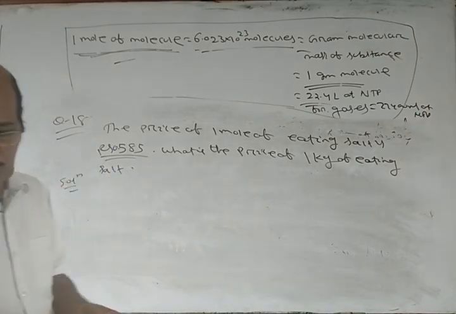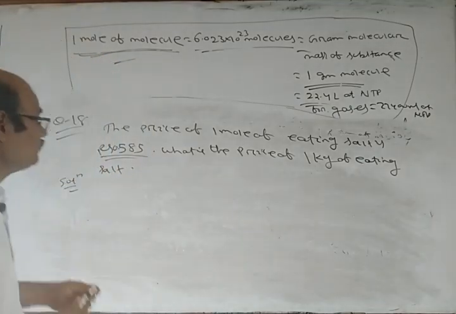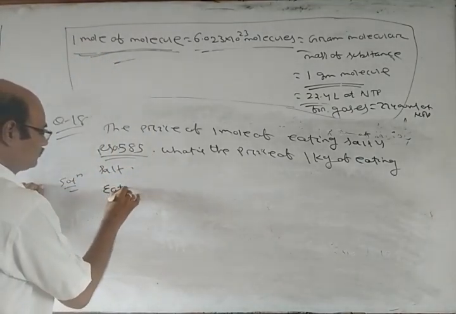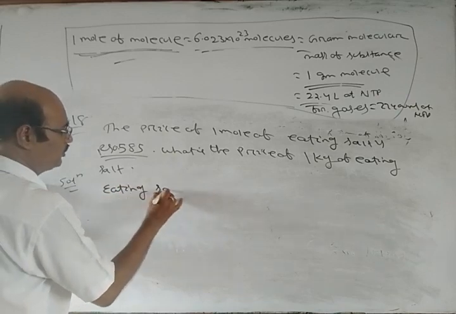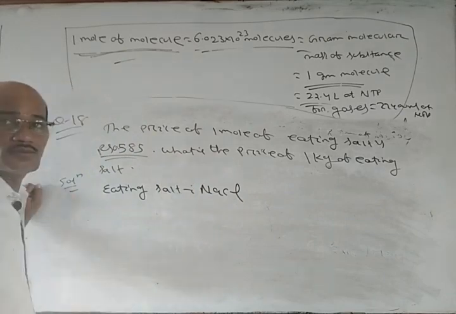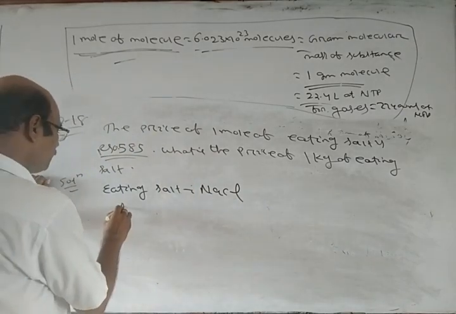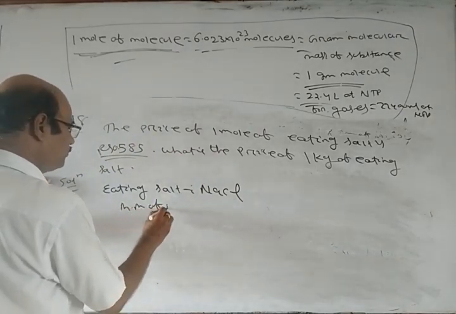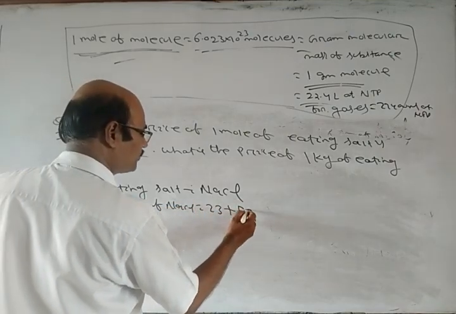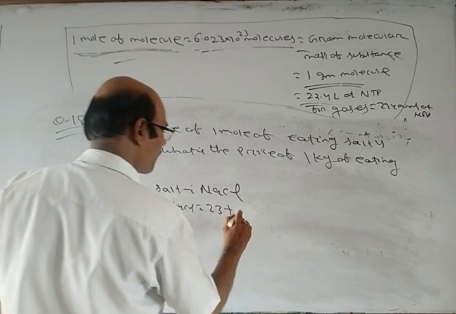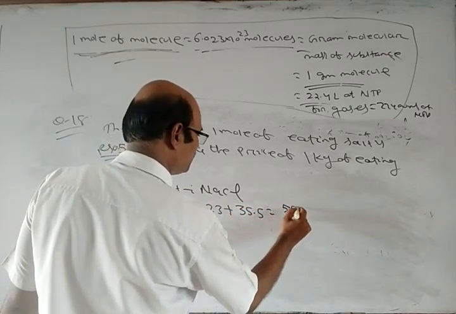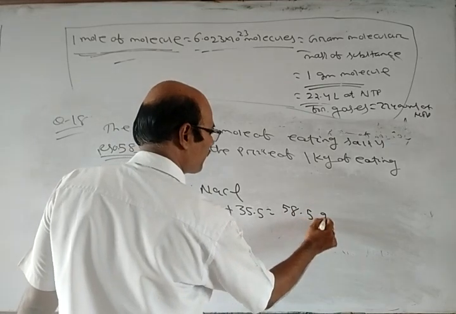Now see, eating salt is what? NaCl. So molecular mass of NaCl equal what? 23 plus 35.5 equal 58.5 gram.